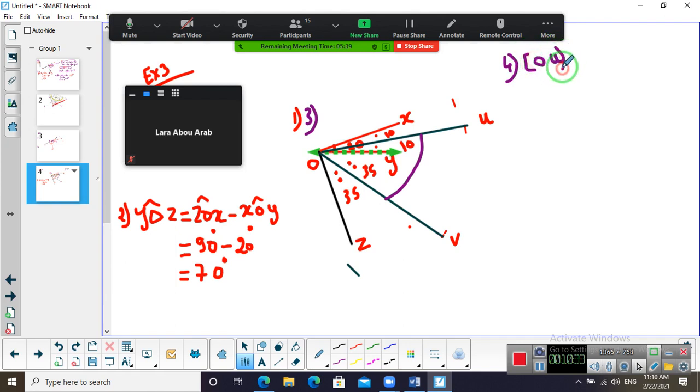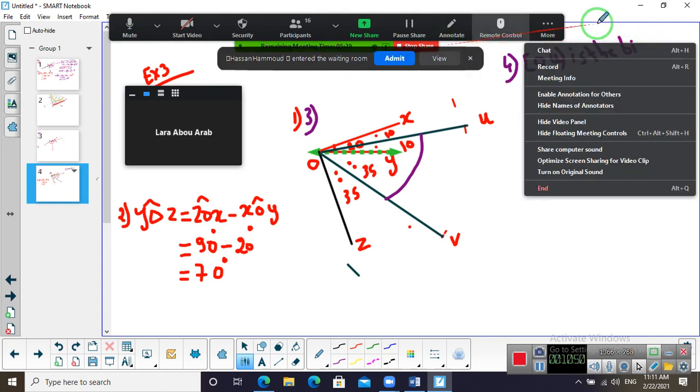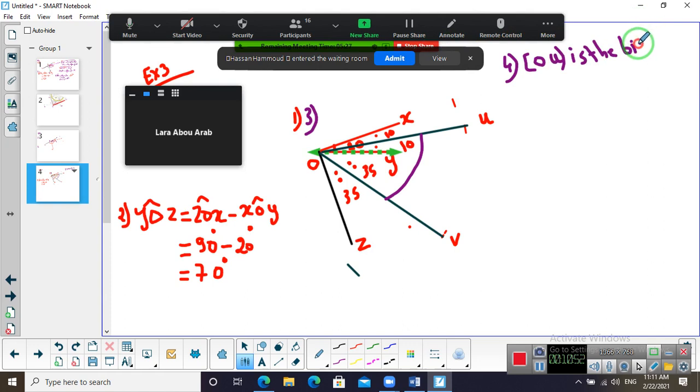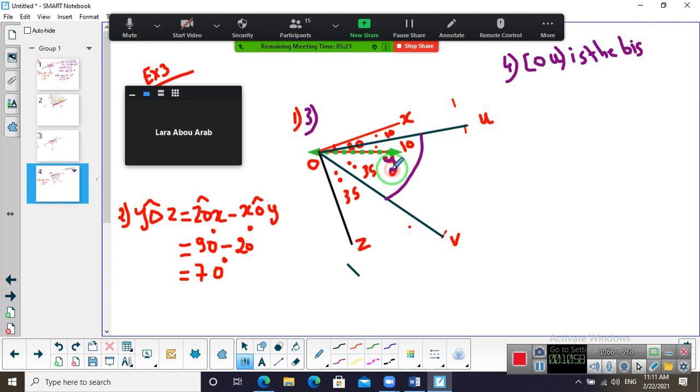What is the first angle, Yalara? OU is the bisector to which angle? XOY. To XOY.